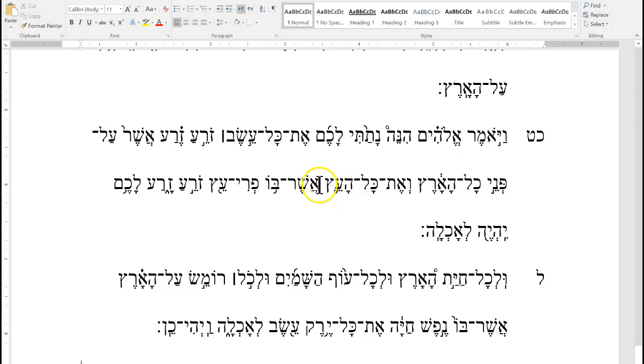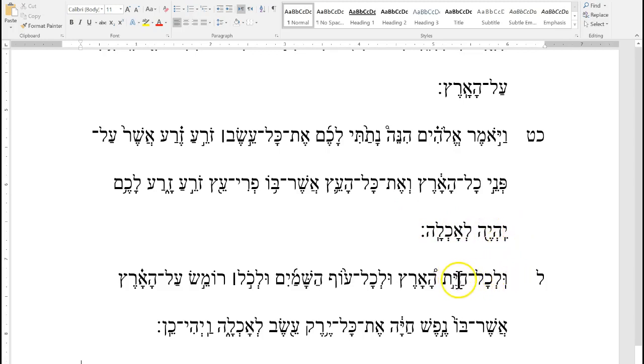Va'et kol haetz asher bo peri etz, and all the tree which in it is the fruit of the tree, zorea zara, seeding seed, lakem yihyeh le'ochla, to you will be food.